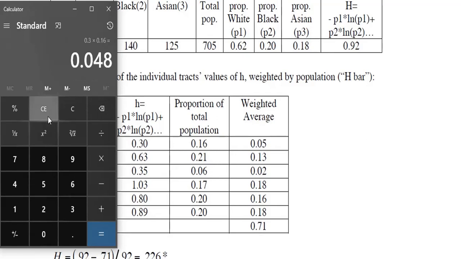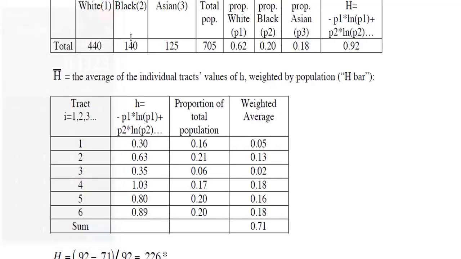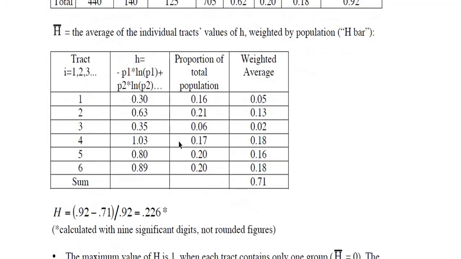Similarly 0.63 times 0.21, and we will get 0.13. This way you will get the weighted average of that figure. If you sum all these figures you will get 0.71.